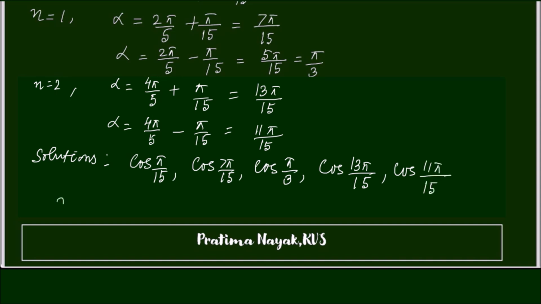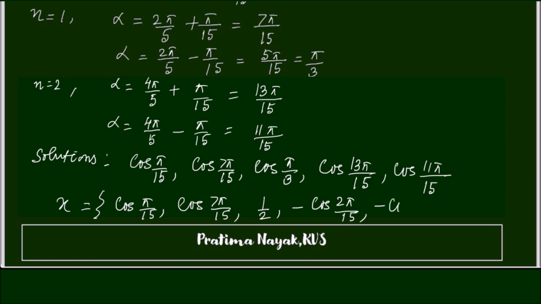Or we can write x is equal to cos pi by 15, cos 7 pi by 15, 1 by 2 (cos pi by 3 is 1 by 2), negative cos 2 pi by 15, and negative cos 4 pi by 15.